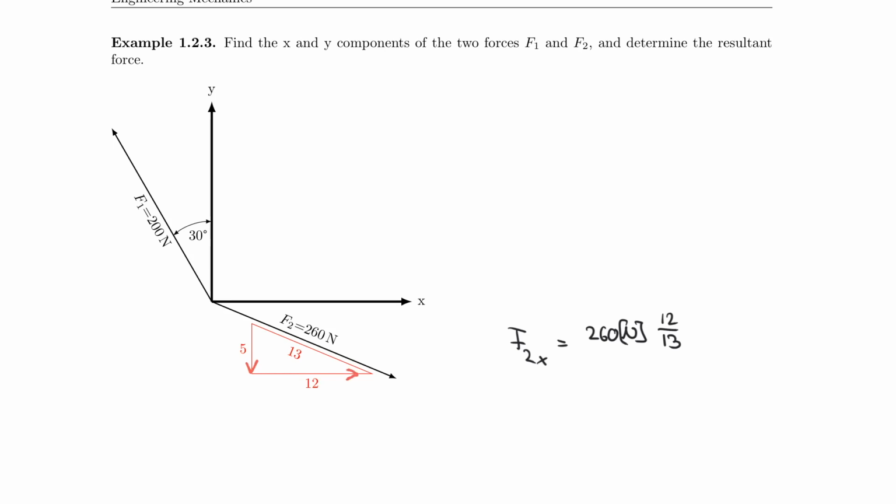In fact, that gives me a chance to talk about something else that sometimes I see go wrong for students, and that is the direction of the components. So the way I like to look at this is, if I want to go in this direction from the top to the bottom, I can either walk along the diagonal or I can walk down first and then to the right.